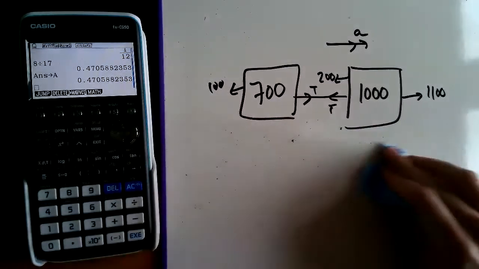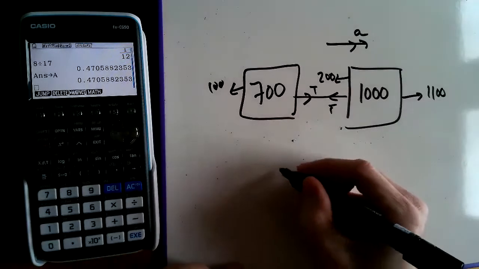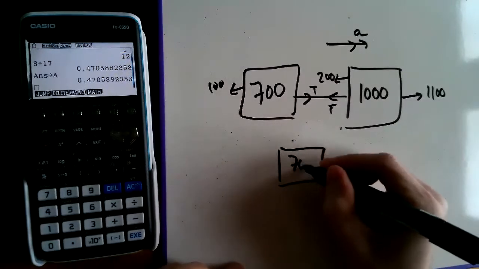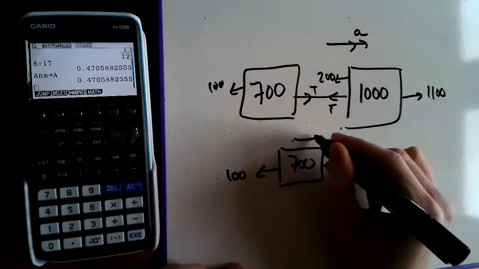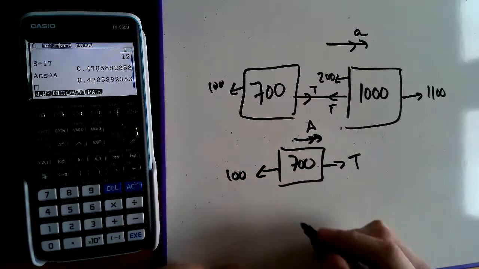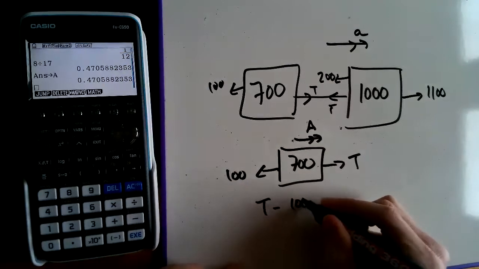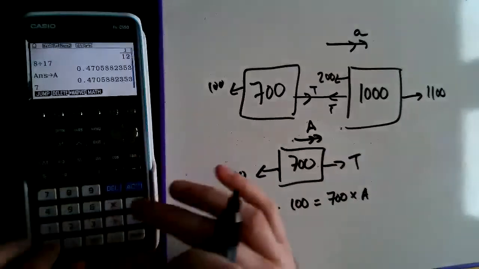So for the tension, I want to look at one of the objects. The easiest one to look at is the trailer. So T pulls it forward, 100 pulls it back, and I've just worked out the acceleration. So T minus 100 equals 700 times my stored a.